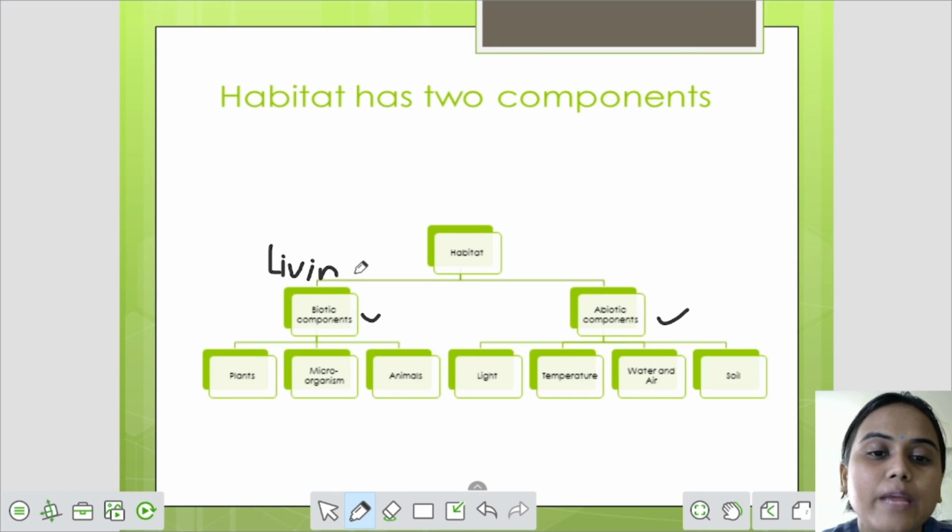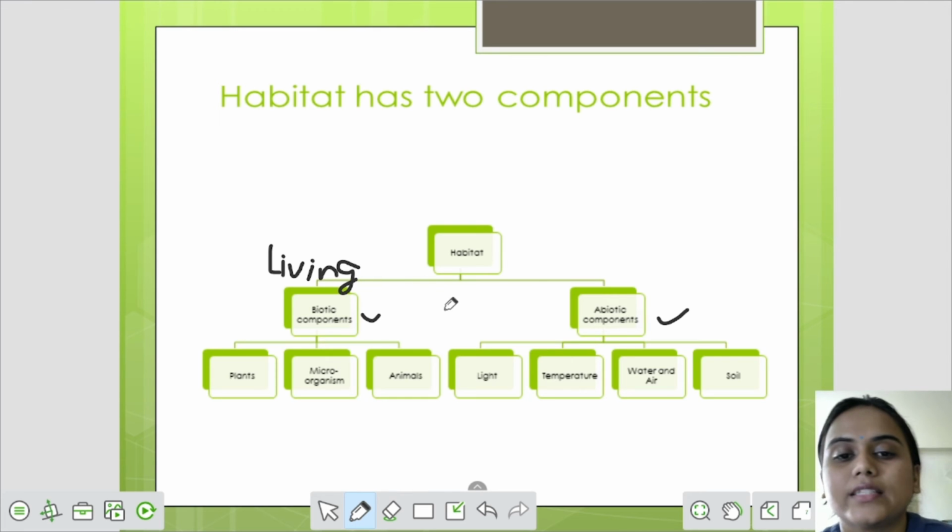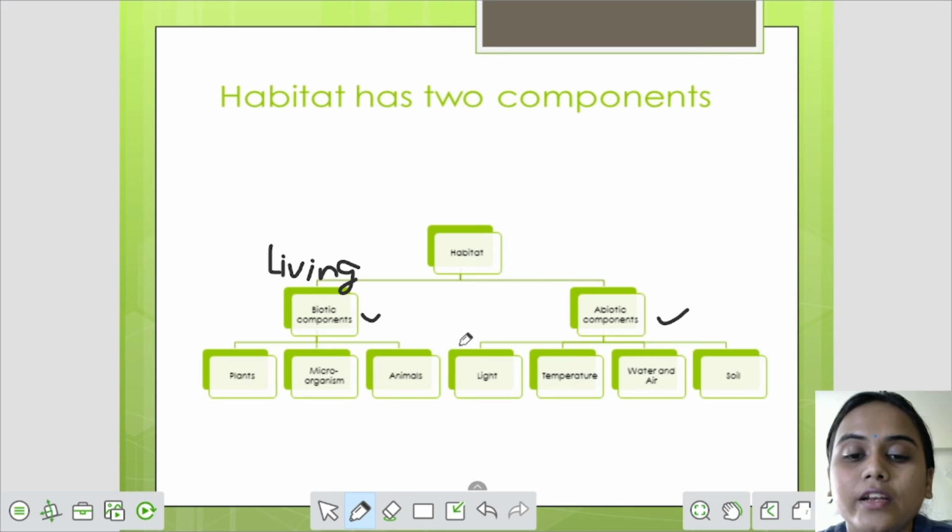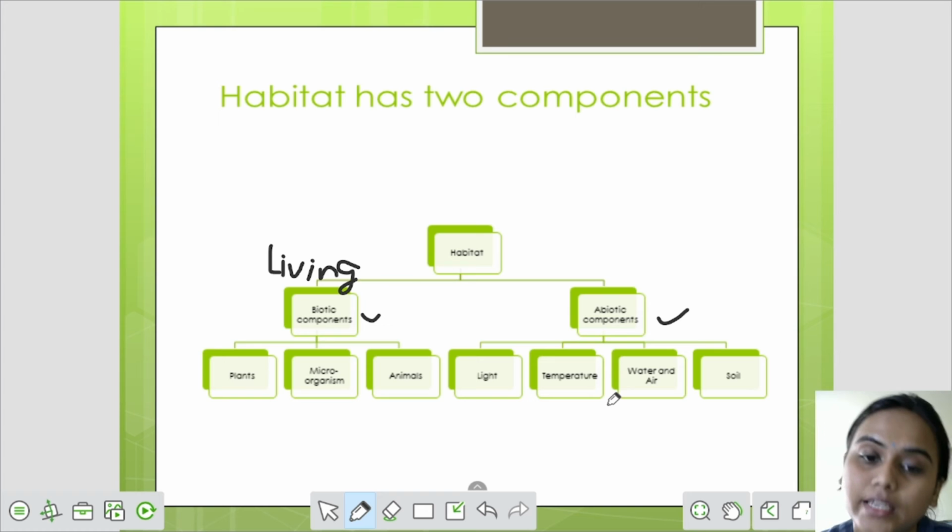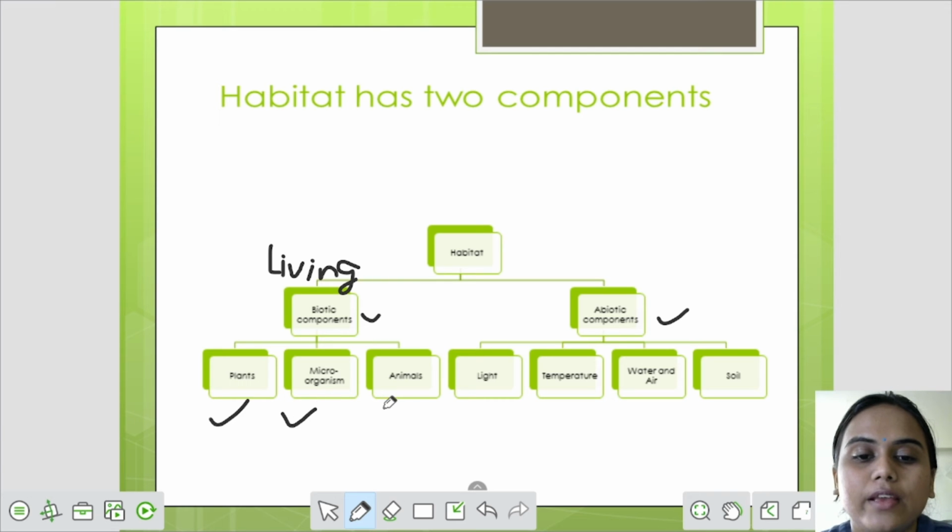And abiotic includes all the conditions that are not living but necessary for living. Among biotic components, plants are living, microorganisms are living, animals are living, and we humans are also included in the animals category. So we call ourselves a biotic component of this natural habitat.